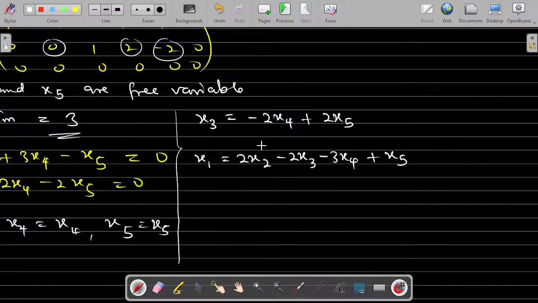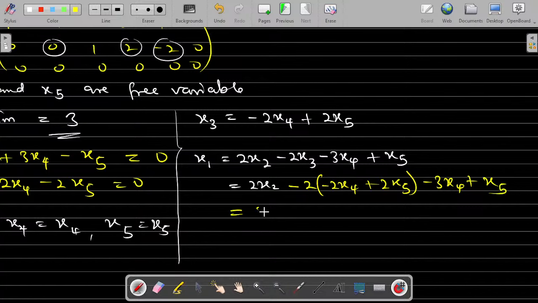So if we now substitute x3, we are going to have 2x2, and our x3 is minus 2x4 plus 2x5. Then we bring in minus 3x4, then plus x5. So we just have 2x2 here plus 4x4, then minus 4x5, then minus 3x4 plus x5.